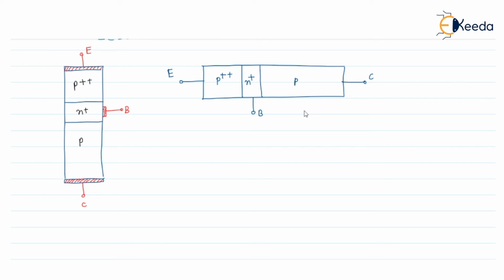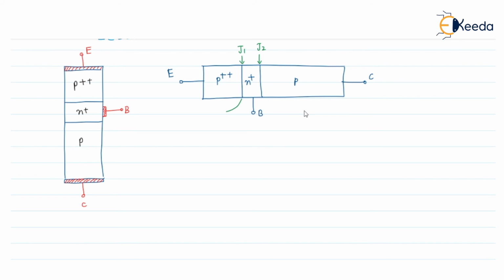So in this case, we can see that there are two PN junctions. One junction is here, another junction is here. Here it is the first junction, J1, that is PN junction, and the J2 junction we can say it is NP junction.